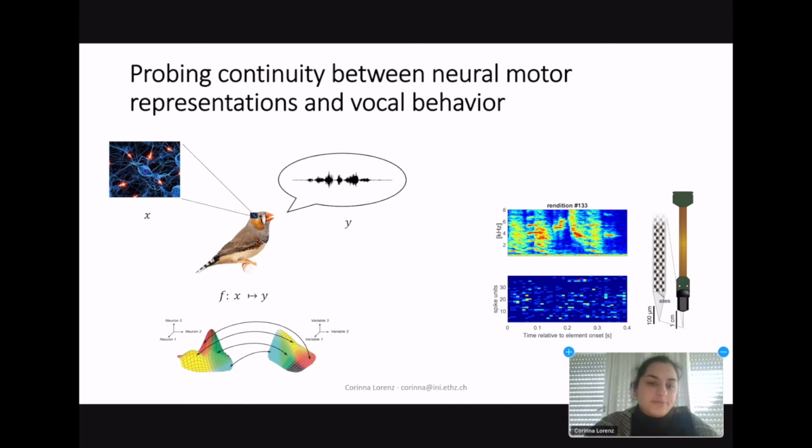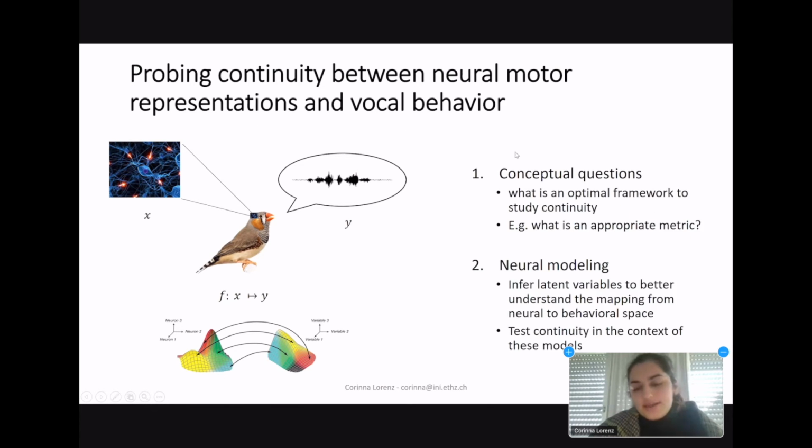Here is an example of the data that we will work with. I recorded neural signals of the songbird in a premotor region, with many units, and the concurrent behavior, which is the song, as Thomas said before.